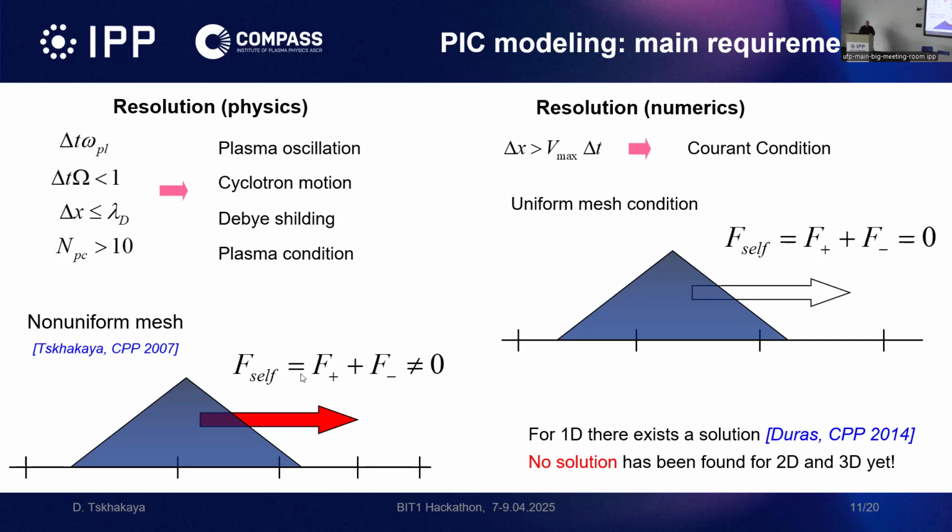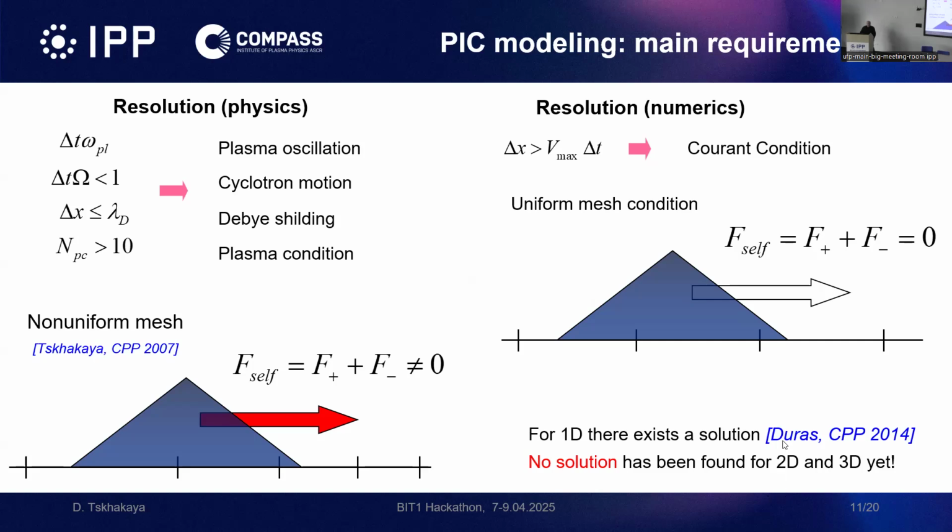This is not very well known, and there are many curvilinear coordinate codes which definitely generate, with high probability, self-force, but it can be very small. If you go to 2D or 3D cases, there is no general solution proving that self-force is really zero.